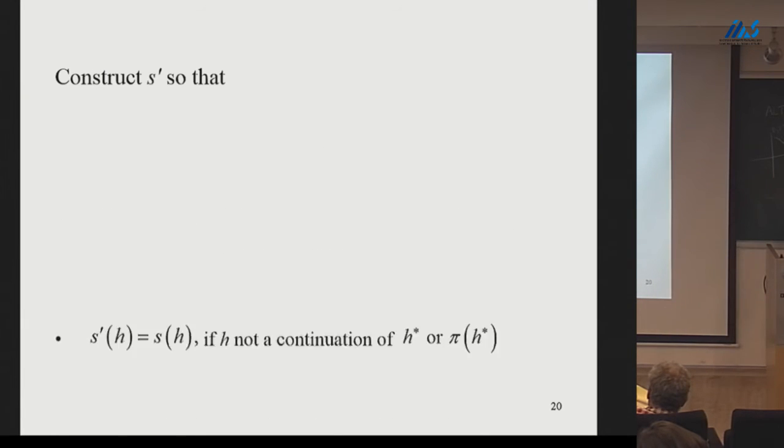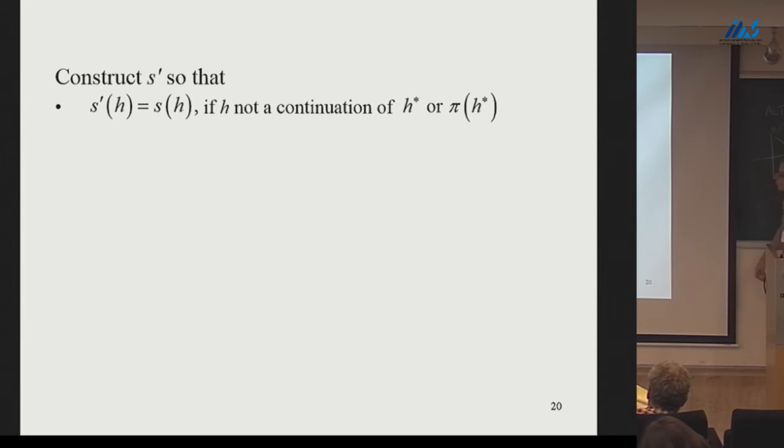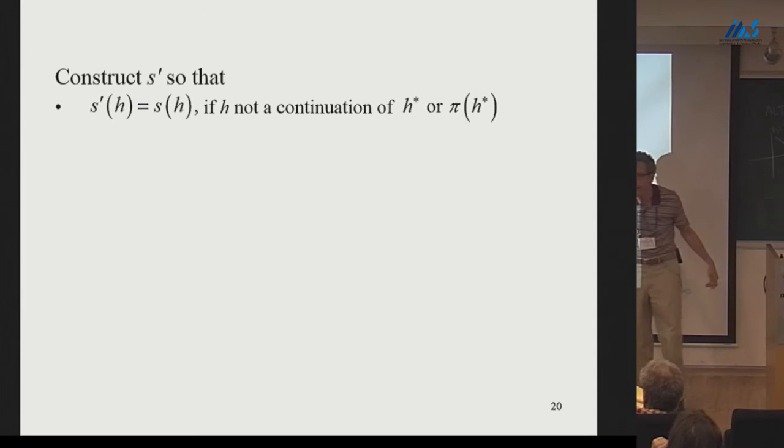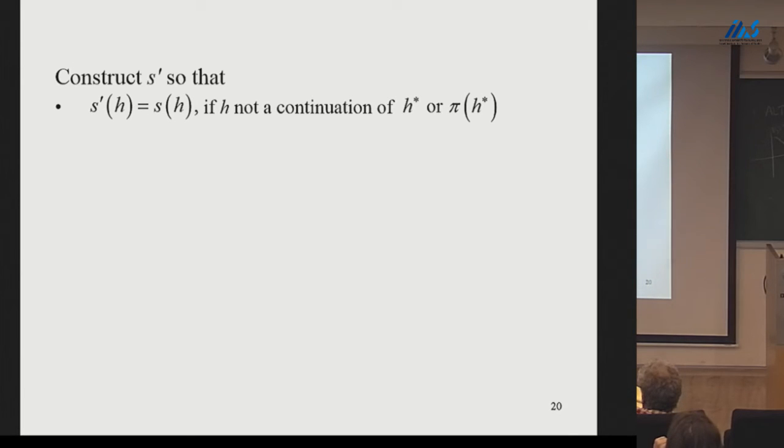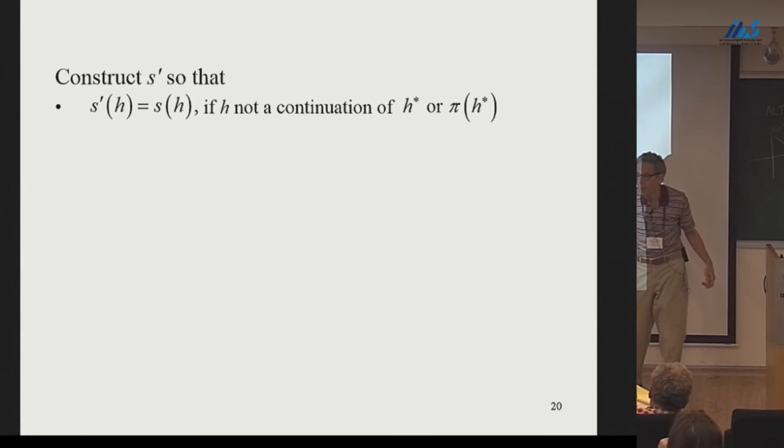So what S prime will do is to behave exactly like the prevailing strategy, S, for histories which are not either continuations of H star or its mirror image.